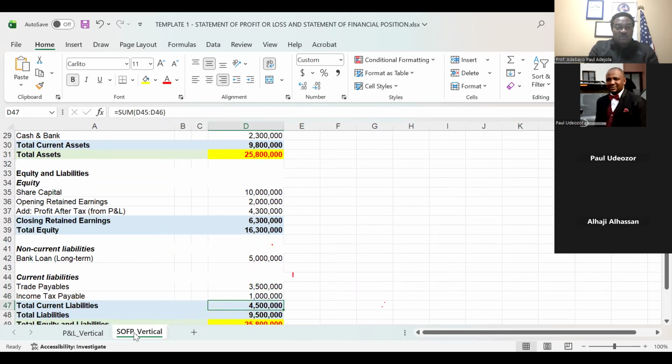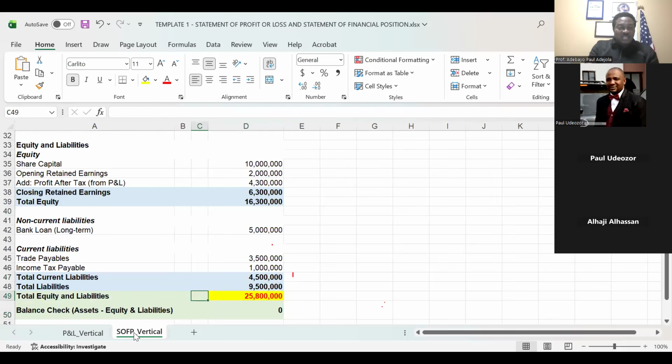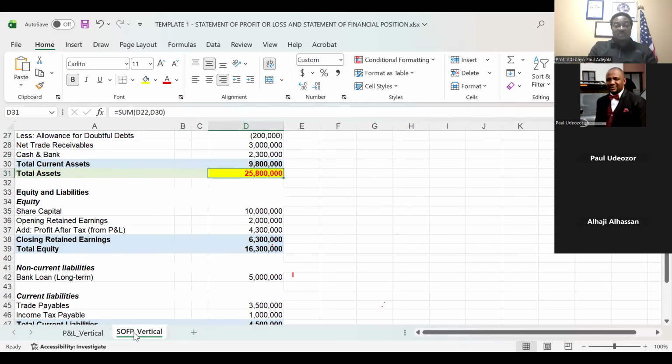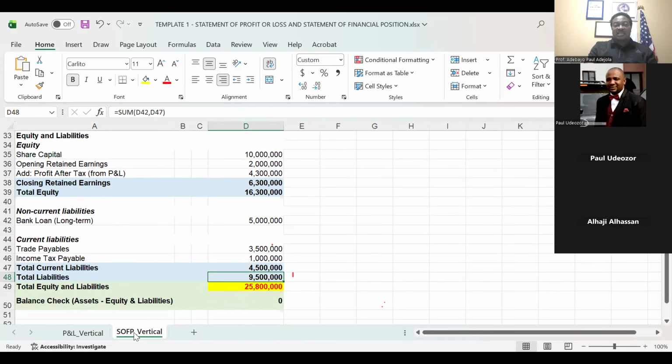When you now add your total liabilities plus your total equity, see what it's going to give us. Total equity and liabilities give us 25,800,000. The accounting equation also says assets must be equal to what? Equity plus liabilities. So you look at this, 25,800,000 total assets, then total equity and liabilities is 25,800,000.